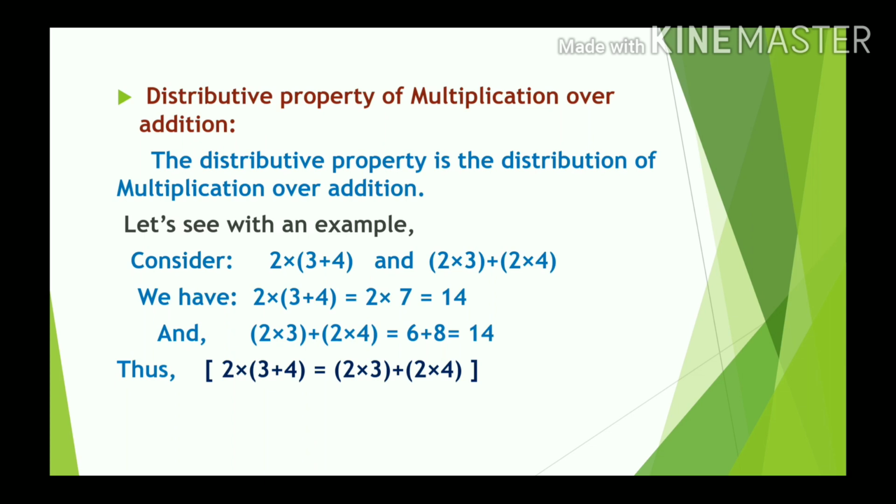You can see here we have distributed 2, which is in multiplication form, over the addition one, which is 3 plus 4, one by one. So first we have distributed 2 over 3, and then again we have distributed 2 over 4. So this is called distributive property of multiplication over addition. Hope you understood the properties of multiplication.